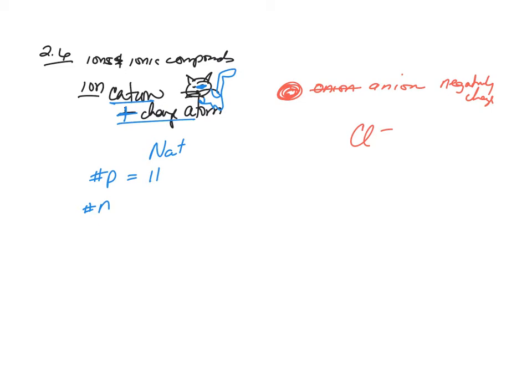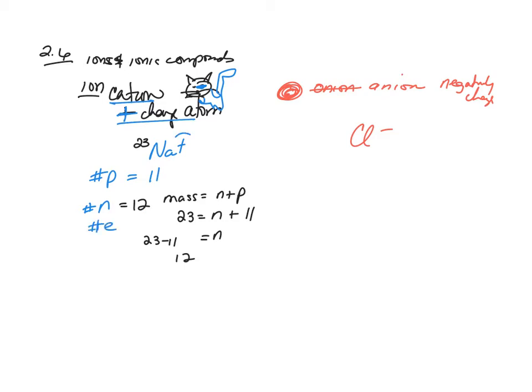So if I put a 23 up here, now you could figure that out because mass equals neutrons plus protons. And the mass is 23, the number of neutrons plus 11. So now neutrons equals 23 minus 11, which is 12. So that equals 12.